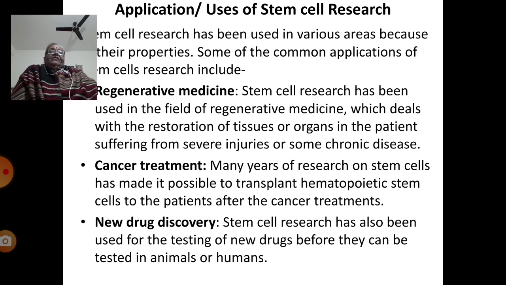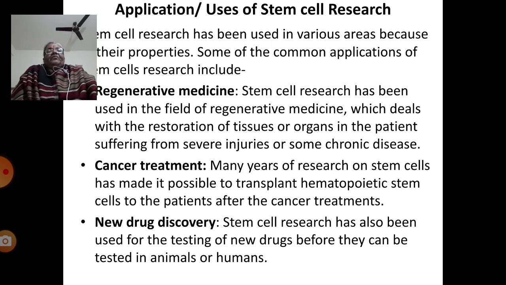Secondly, they find use in cancer treatment. It is possible to transplant hemopoietic stem cells to the patients after cancer treatments. Then they find application in new drug discovery. Stem cell research has also been used for the testing of new drugs before they can be tested in animals or humans.